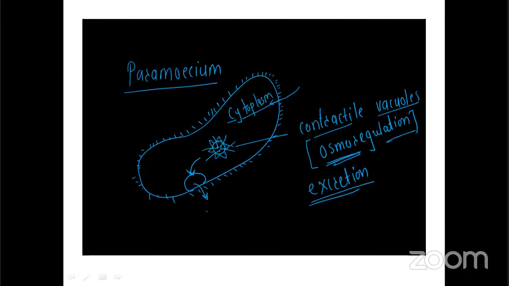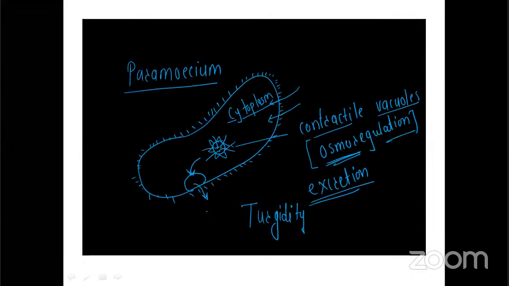Okay, these vacuoles are also important in maintaining the turgidity of the cell. So just now we have discussed, if the outermost water enters into the cell, that will create a pressure on the cell membrane, and this is called a turgor pressure. This turgor pressure should be maintained inside the cell.